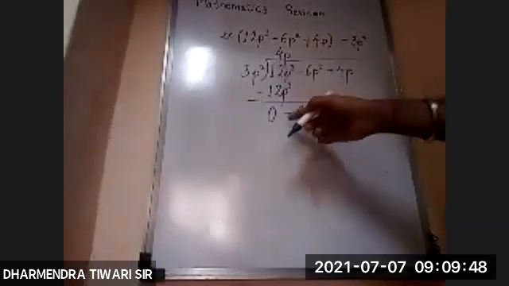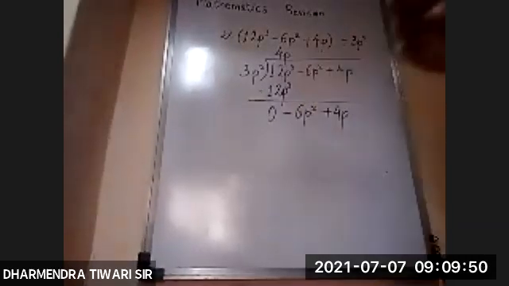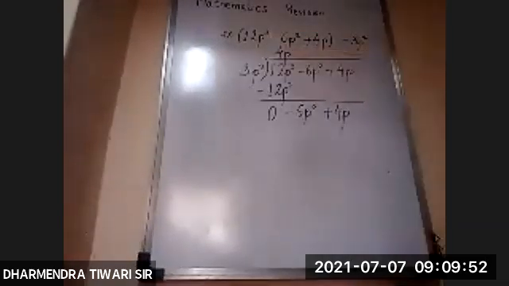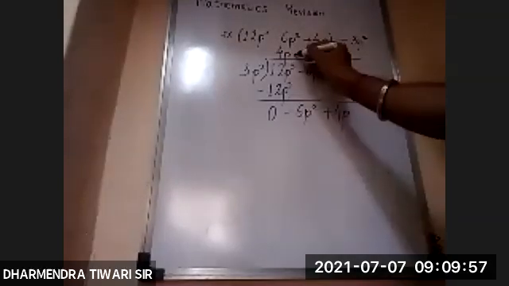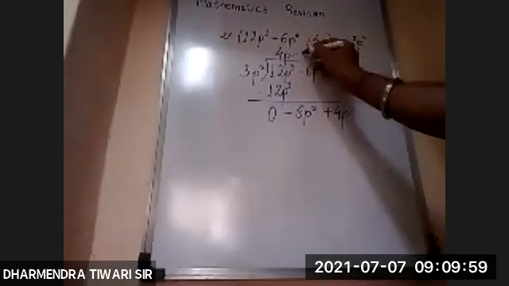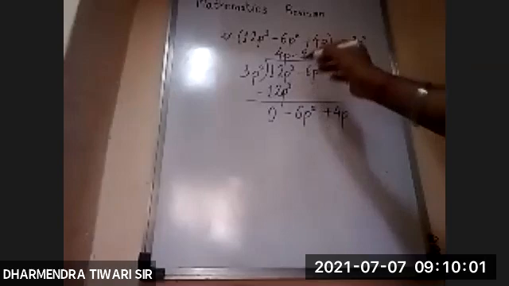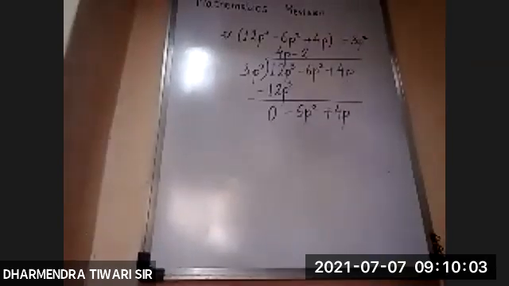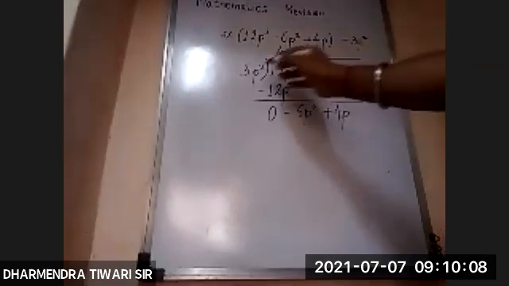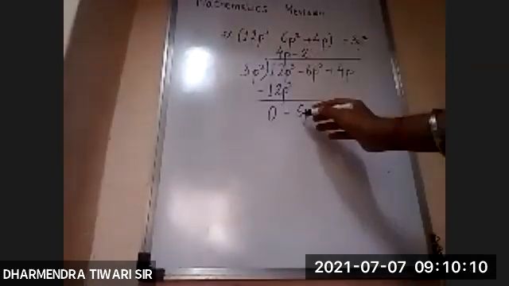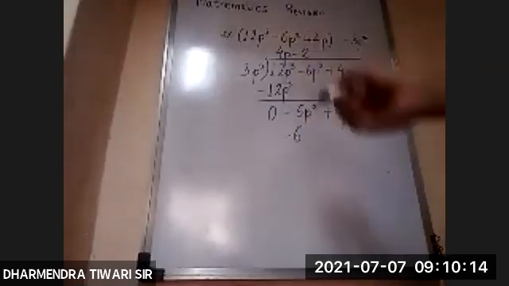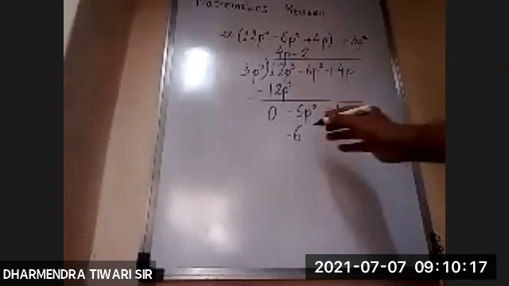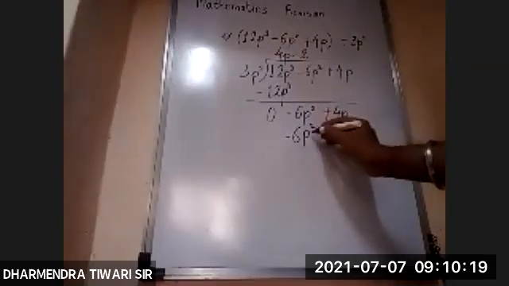Now what else? Next we have p square, and here we have 3p square. So we want minus 6p square, so we should multiply by minus 2. The degree of p square is the same, so no need to do any extra calculation here. 3 into minus 2 is minus 6, and p square into 1, nothing is there, so p square comes as it is.